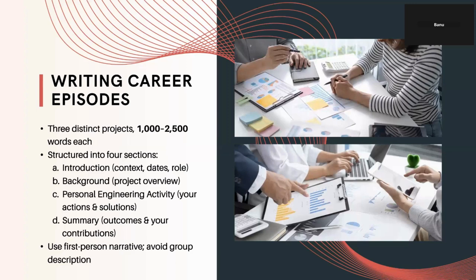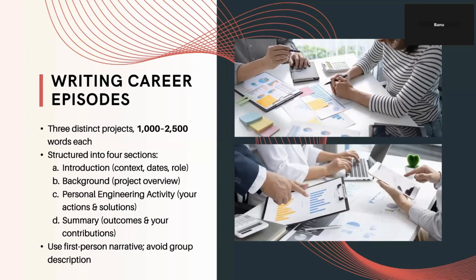But before you start writing your career episode, you need to review the official professional engineer general description, which Engineers Australia publishes for every type of engineering, for mechanical engineers, for chemical engineers, for civil engineers. So what is their expectation from that type of engineering?